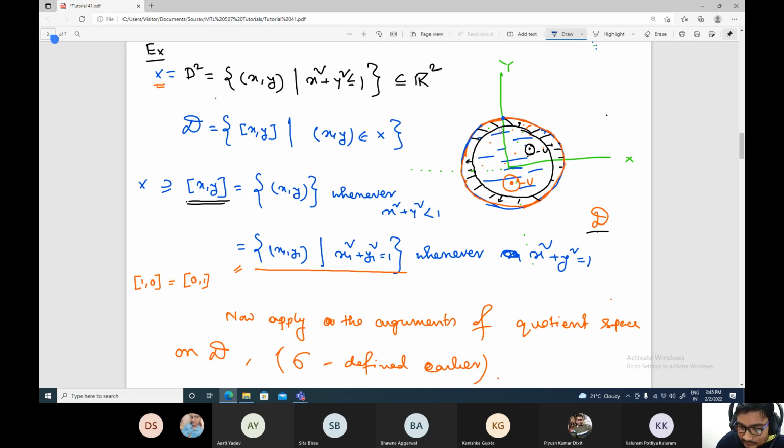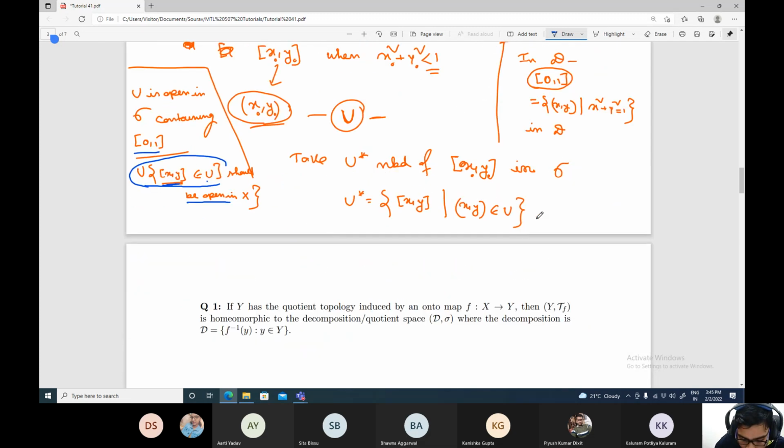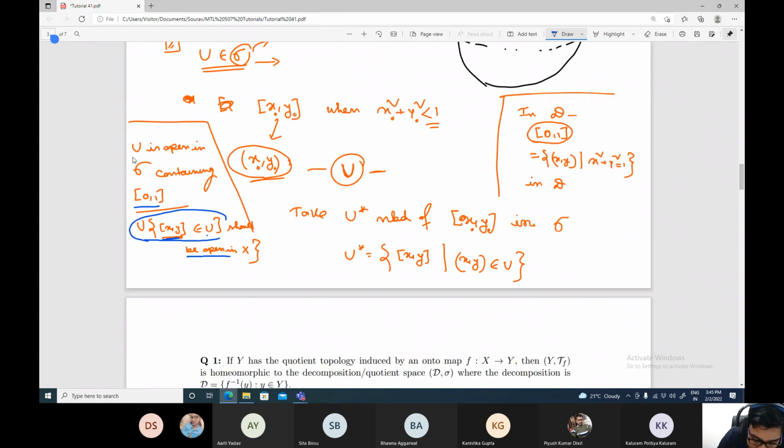Also, since this is an open set, for this kind of elements in the circle, this kind of open set should be there, containing each element, right? That is why we took an open set U which contains this one.